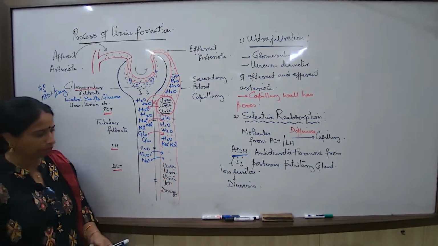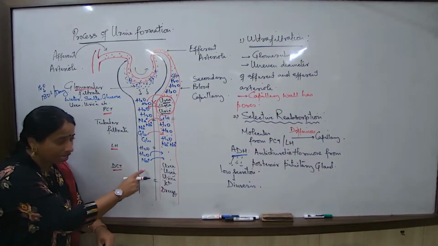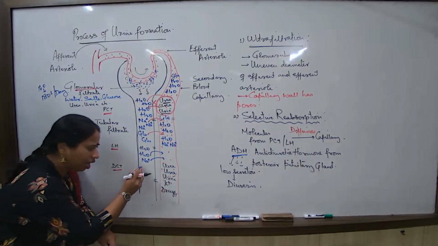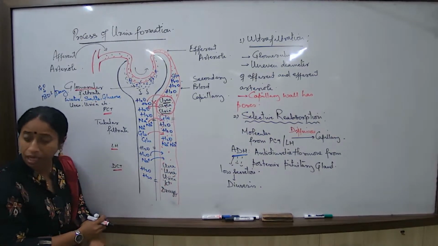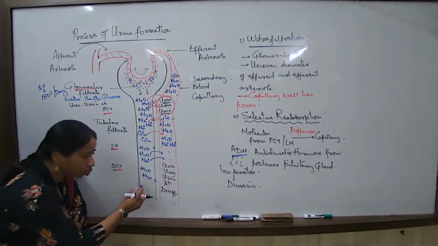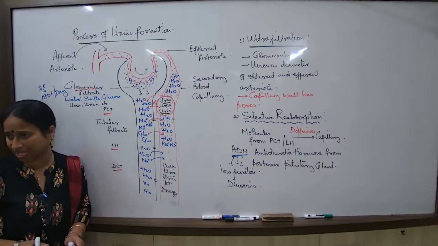So now that I talk about the DCT and the surrounding blood capillary, what is the situation? Here the water content is quite a lot. Now the water content is comparatively lesser. What about the sodium and the glucose, which are also not waste substances? The sodium and the glucose are almost in traces now.